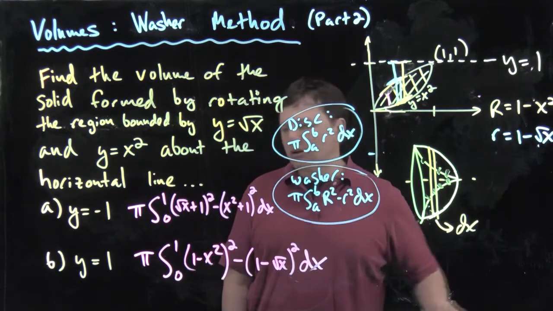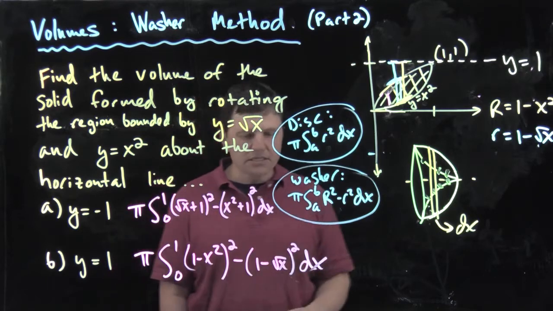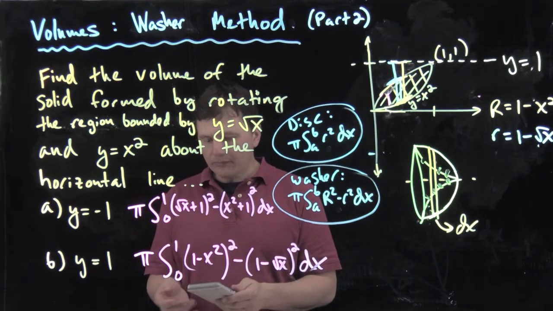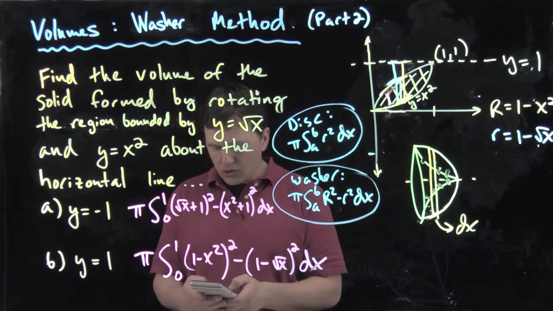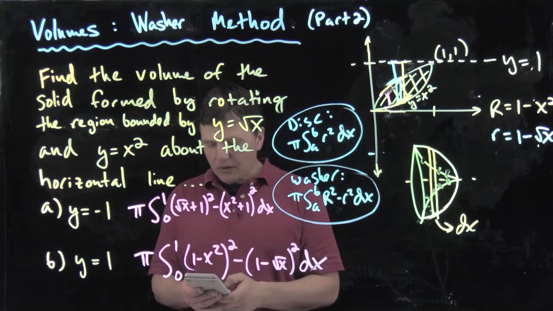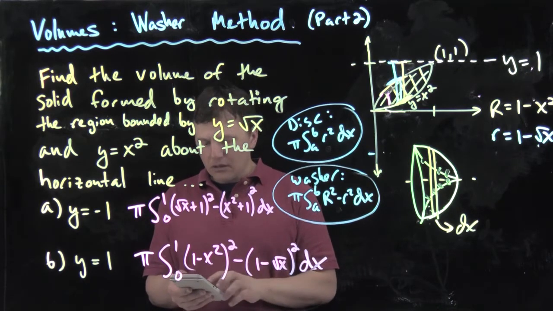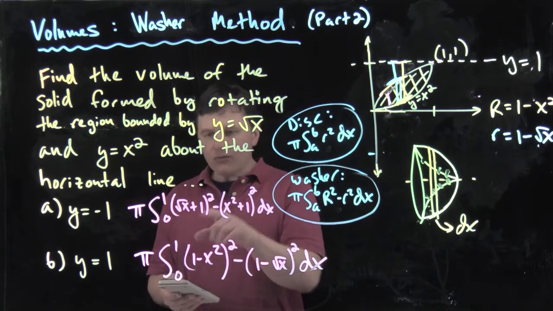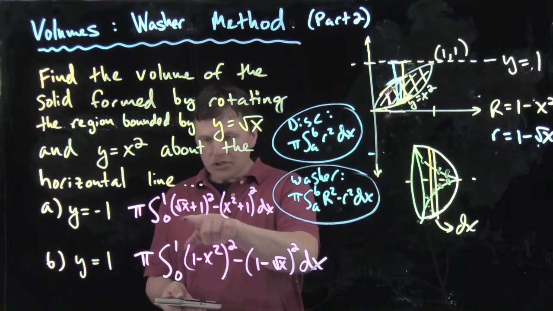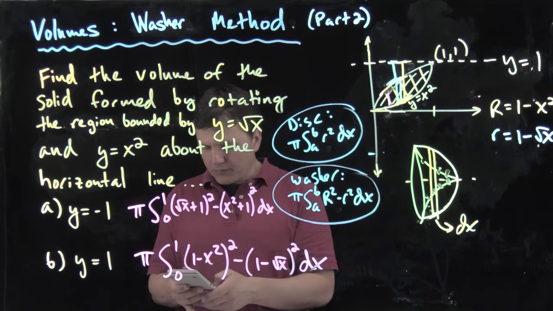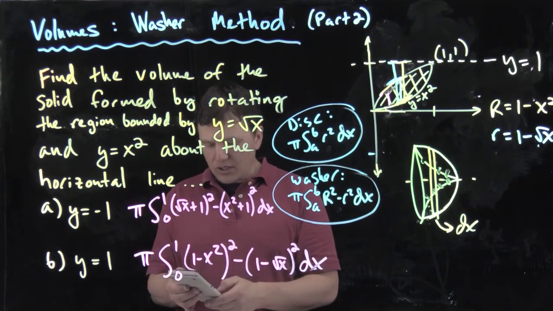So if this was a closed calculator exam, it's likely that we would just leave it like this, but let's calculate these using our calculator. So let's go ahead and use our Math 9. So 0 to 1. You want to be very careful with your parentheses here, so make sure you put this in parentheses. Square root of x plus 1.